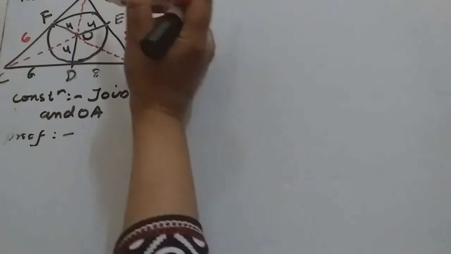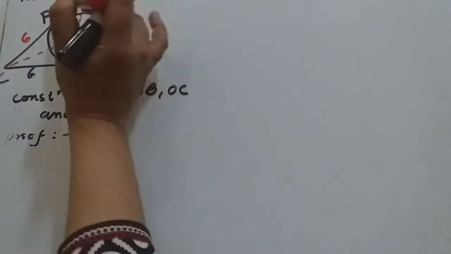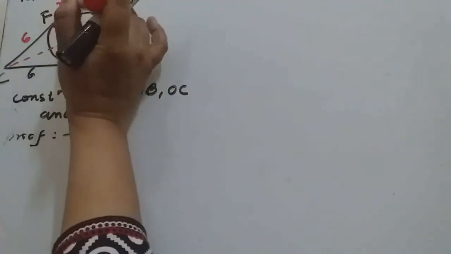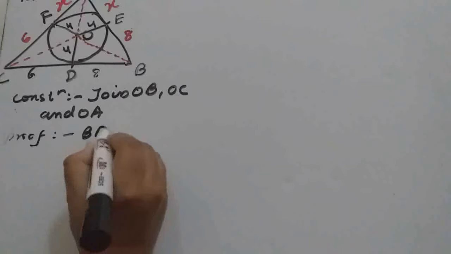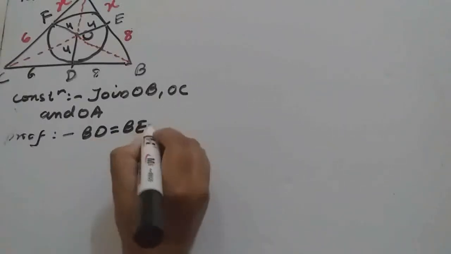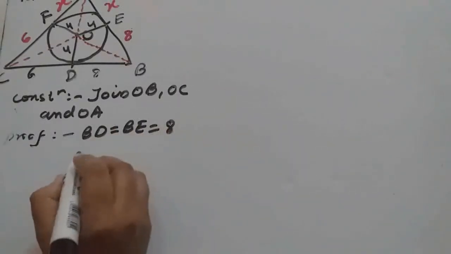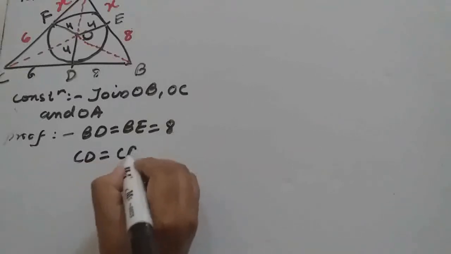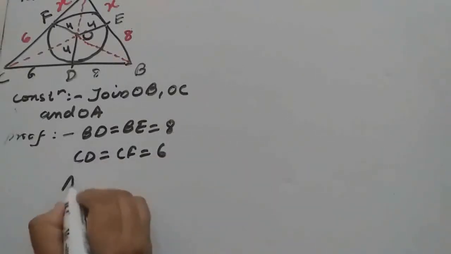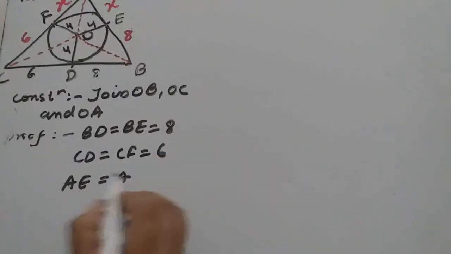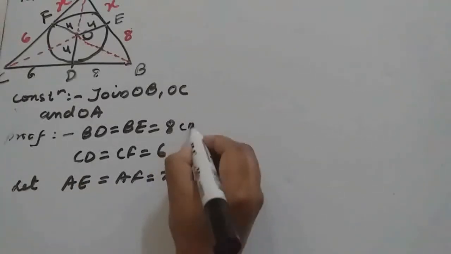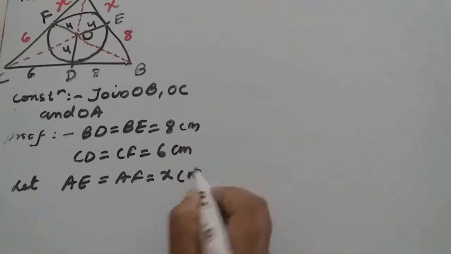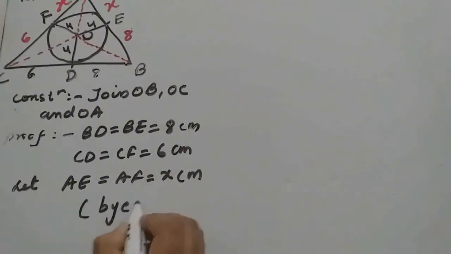Now suppose AE is x, so AF will also be x. So here we write BD equals BE equals 8, CD equals CF equals 6, and let AE equal AF equal x centimeters, all by the equal tangent theorem.